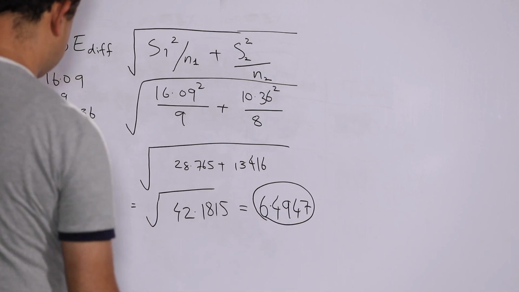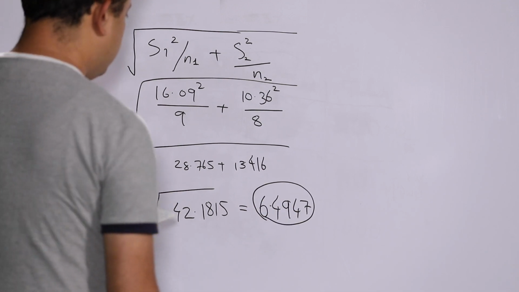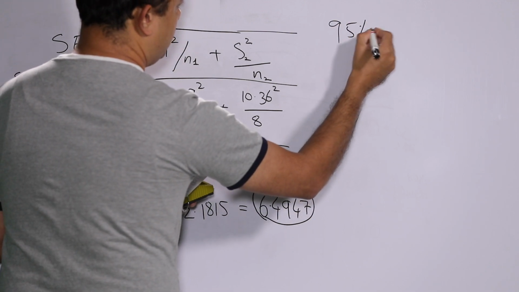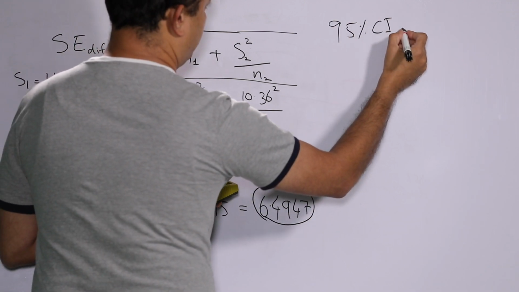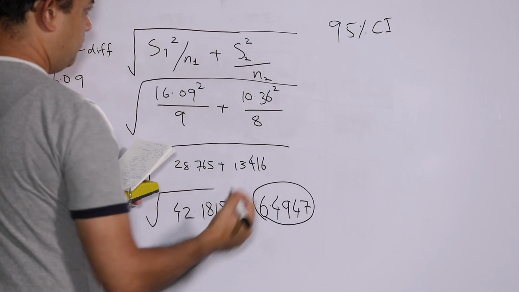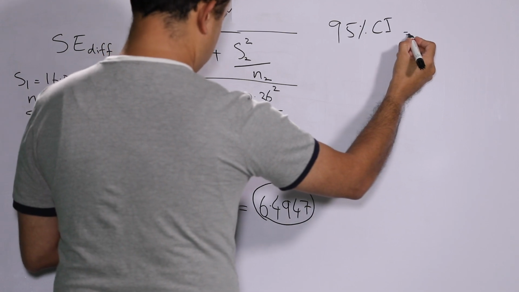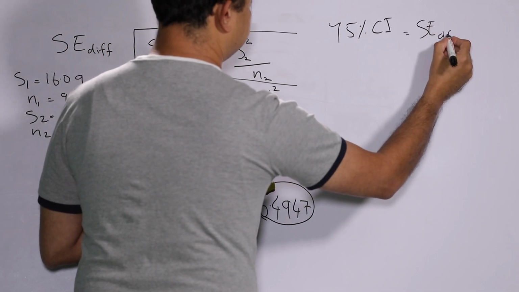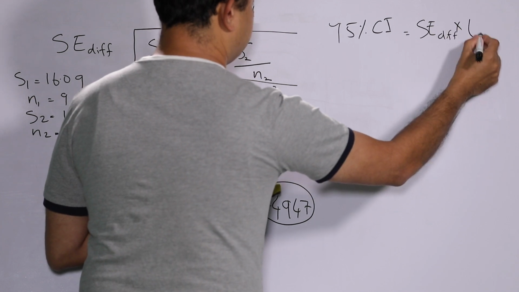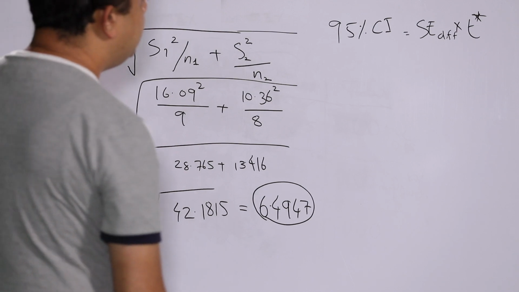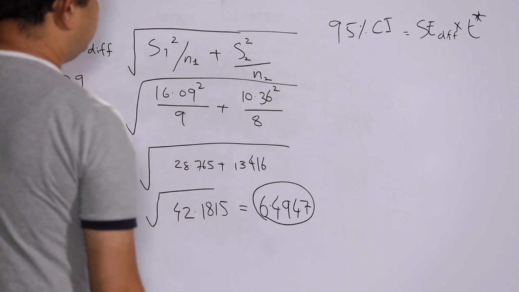So let us write it here: the 95% CI of the difference between two means is equal to the standard error of the difference multiplied by T star. The T star is basically the constant from the T distribution.